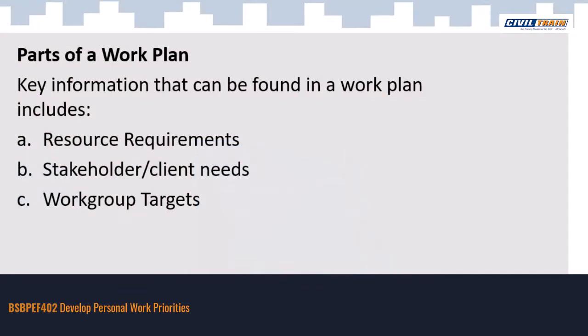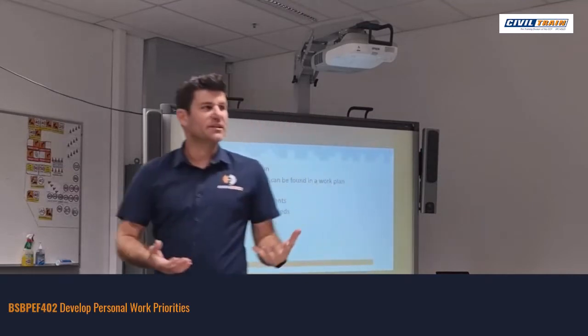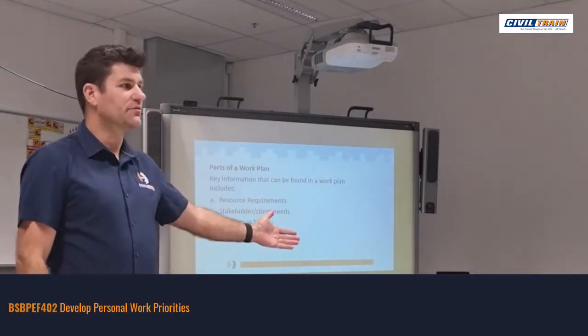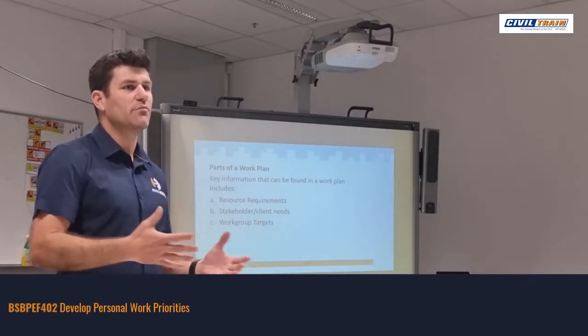Stakeholder client needs, work group targets. So again, if I've got a specification and a set of drawings or plans, predominantly the stakeholder client needs, they might identify what they particularly want for that project. So normally that will come through a range of their specifications, or their drawings, their plans on what they require.